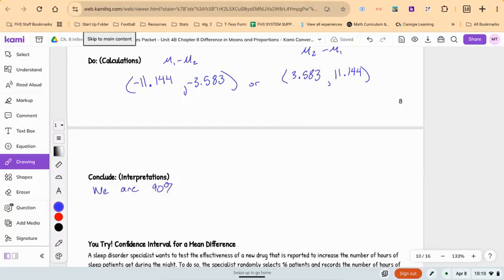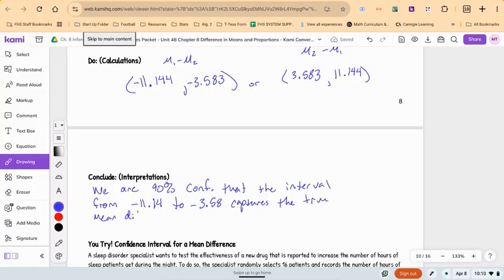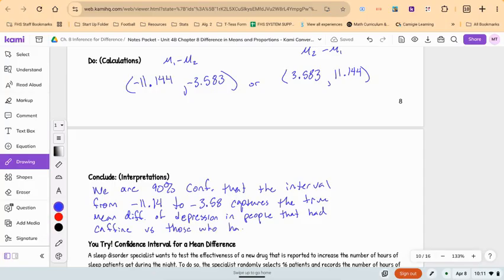We are 90% confident that the interval from negative 11.14 to negative 3.58 captures the true mean difference of depression in people that had caffeine versus those who had a placebo.